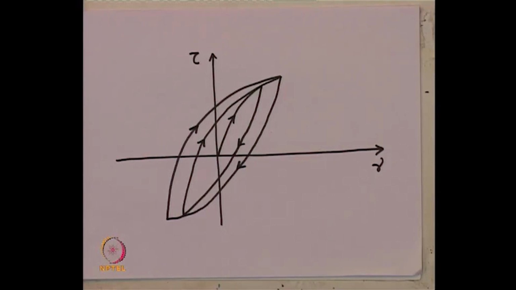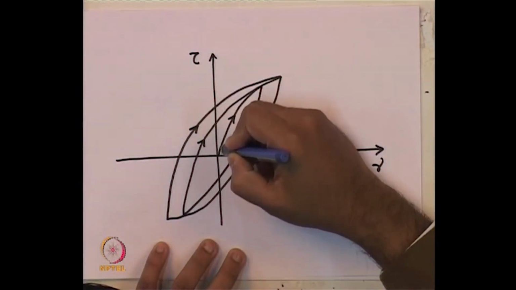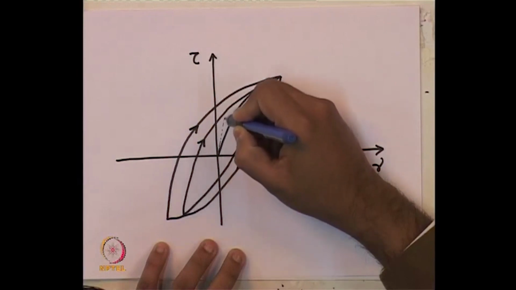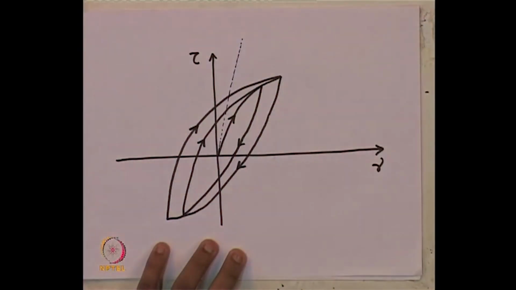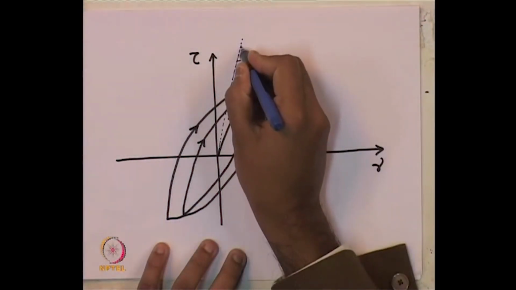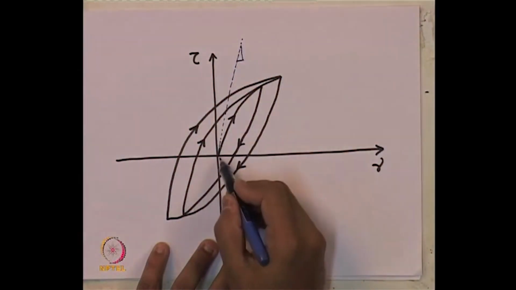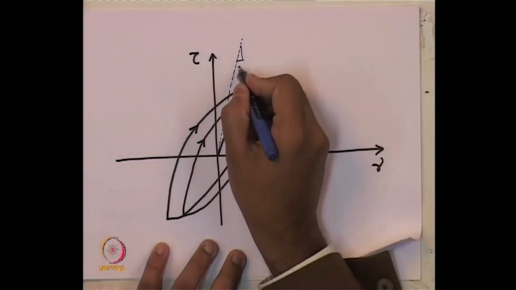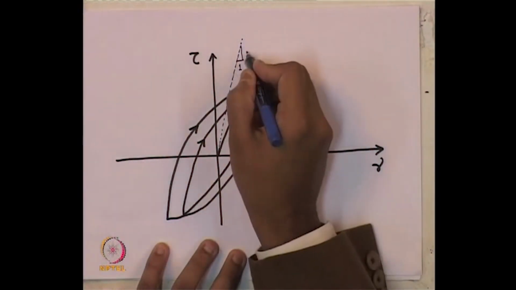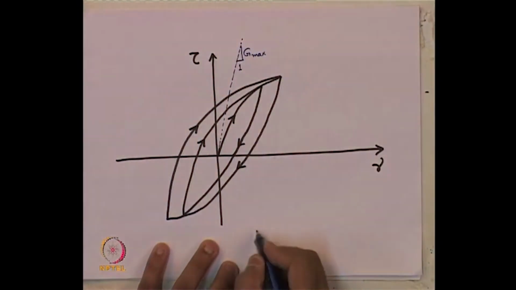So, the slope of the curve at any point gives a different modulus. If we draw a tangent at this point, then the slope of this line, which is tangent at the initial position of the curve, that is called G max, that is maximum shear modulus.